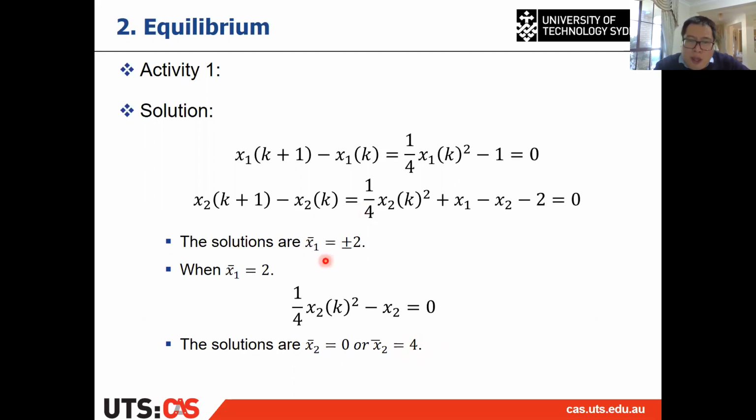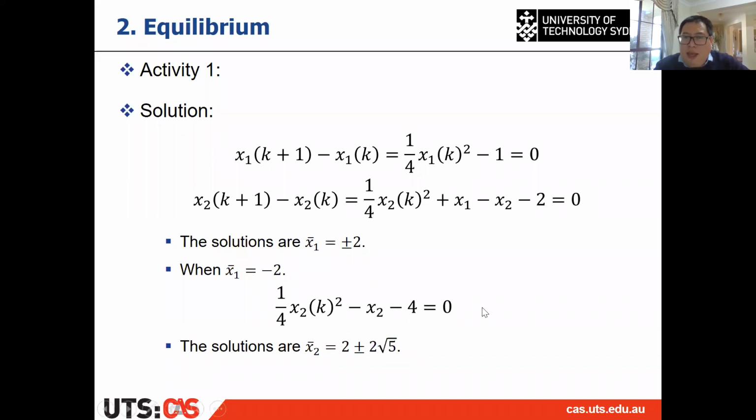So when x1 is equal to 2, we have two equilibrium points. Then let's consider when x1 is equal to minus 2. We replace x1 here by minus 2, then we have the second equation like this.